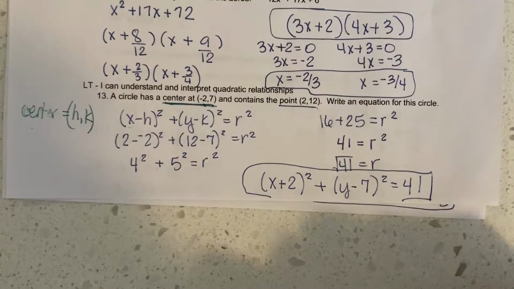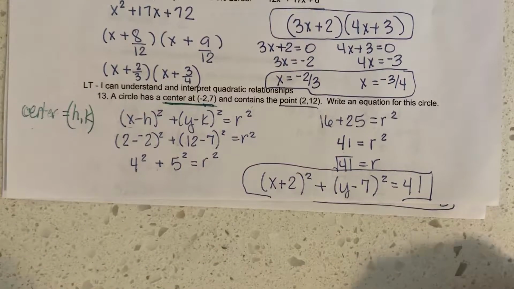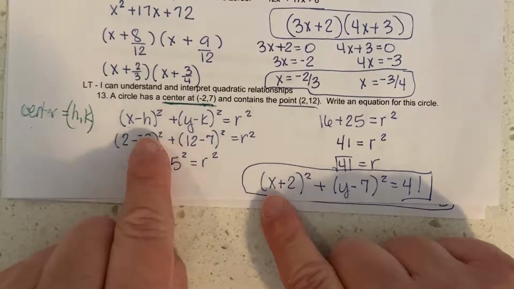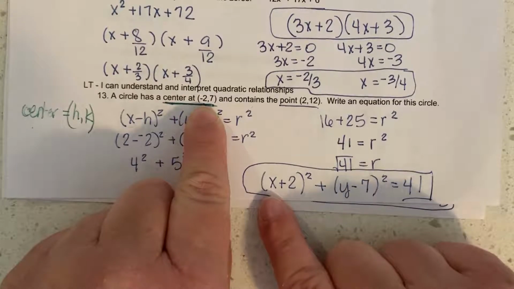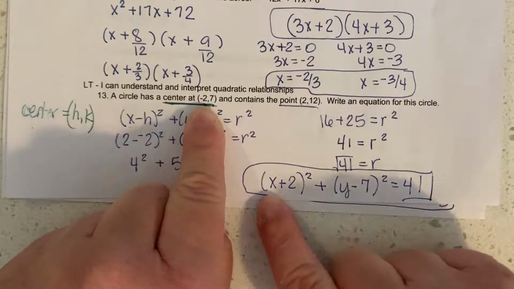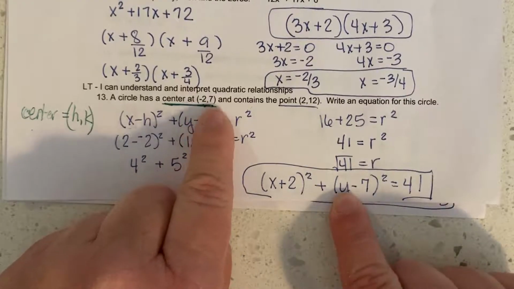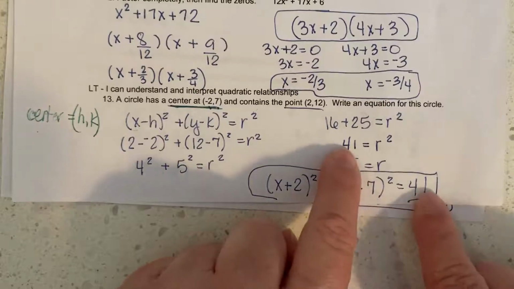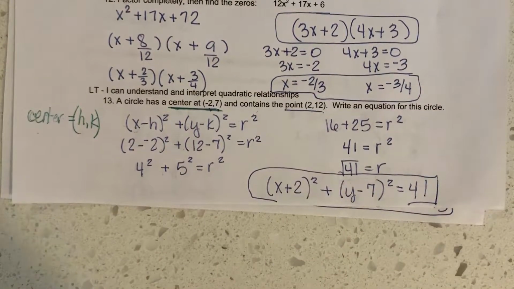We never put the x, y because that's every x, y. You can't just put one x, y in a final answer. So it's x minus, actually the original formula says x minus h. Again, h is negative 2. So x minus negative 2 is the same as x plus 2 squared plus y minus 7 squared equals 41, which is r squared. And that is the answer for number 13.